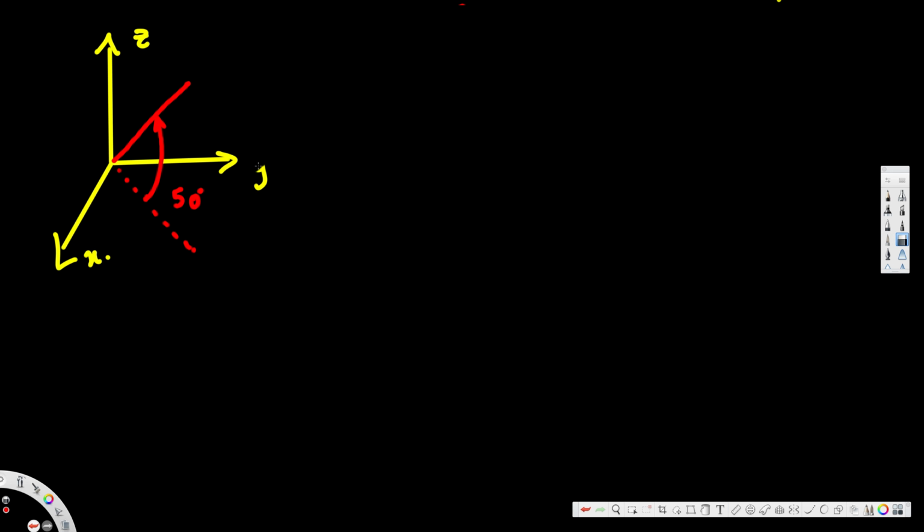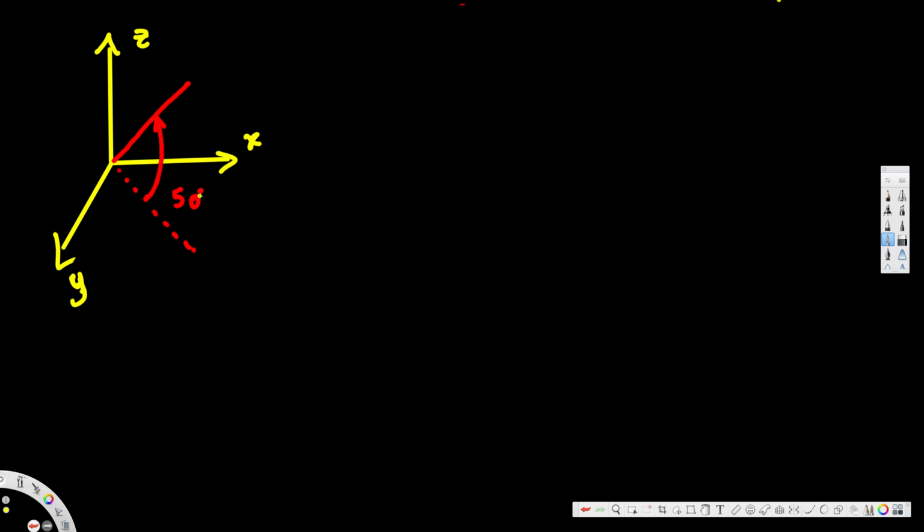Let's say this is the x-axis, this is the y-axis.